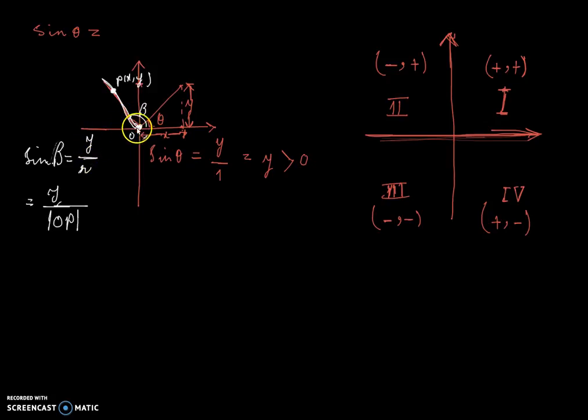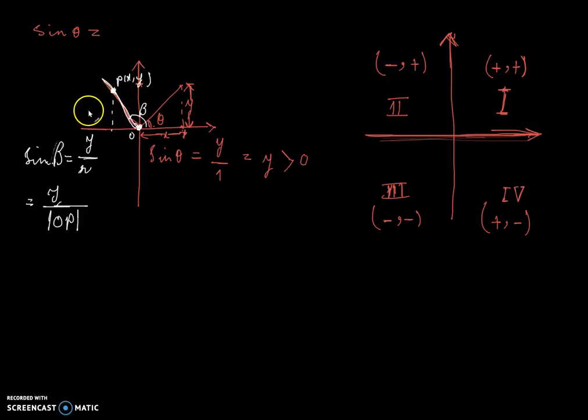So r is the absolute value of the distance between 2 points, so it's basically a positive value. It doesn't matter where it is. And your y is greater than 0 in this case.